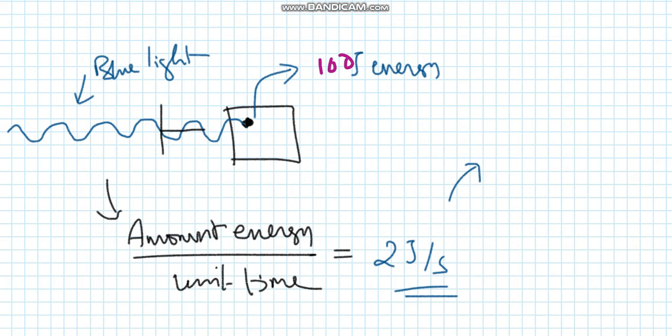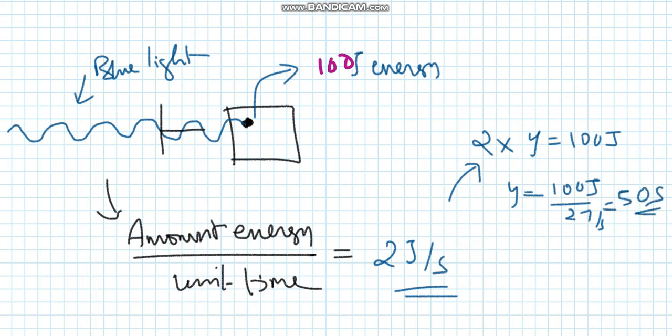So 2 joules per second means for 100 joules it would have required 2 times some number y equal to 100 joules. So y would be 100 joules divided by 2 joules per second, which gives a value of 50 seconds. If the electron remained there for 50 seconds and the energy was continuously applied, that electron would have jumped. But that does not happen.